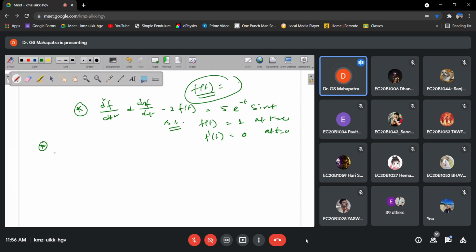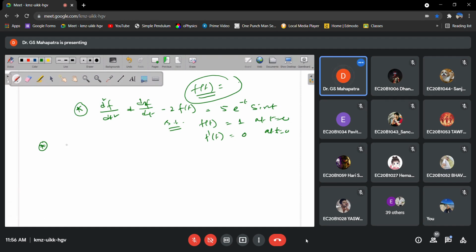Next one. Should I give you a third order differential equation? It will take a little bit of time. Okay, I will give one third order, as the second one.